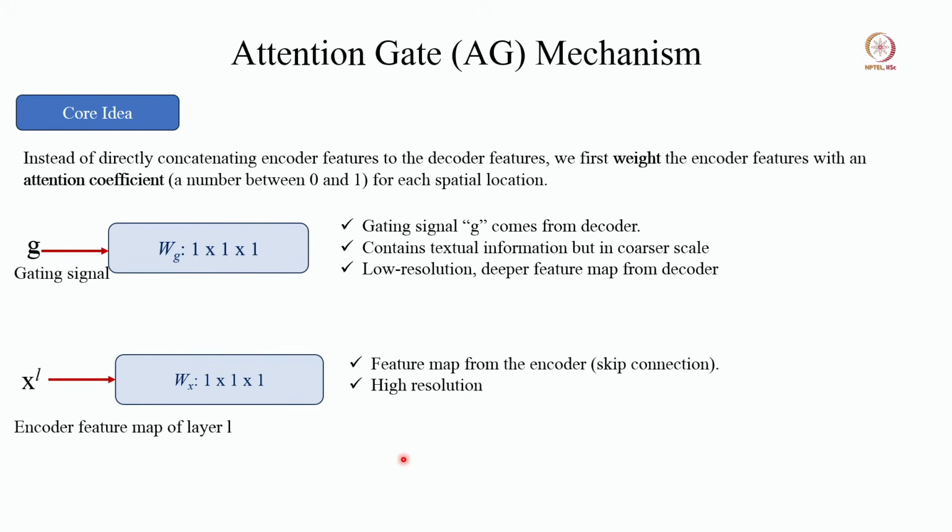These are matrices which have some numbers inside, and these numbers are nothing but the weights. Now these weights keep on getting changed during the training process, and that's the reason we call them learnable kernels. So both the gating signal and the encoder feature map go through 1x1 convolution with learnable kernels.